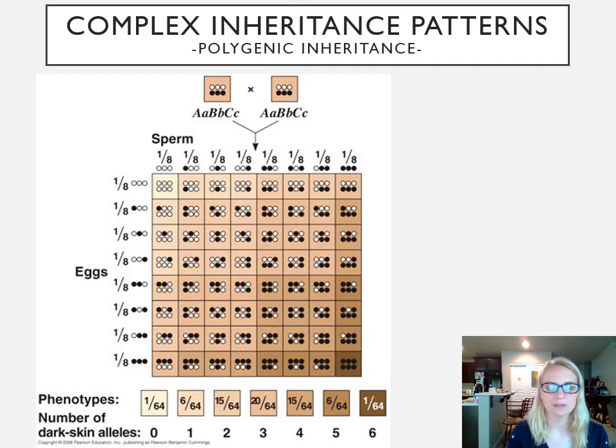So in this case, they give an example of 3 genes coded for skin color. And so in this case, they take heterozygous, you might have HH, EB, FF, just throwing some letters out there. So that would be the white circles and the black circles, dominant and recessive.